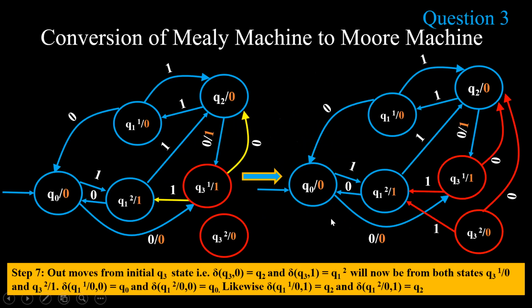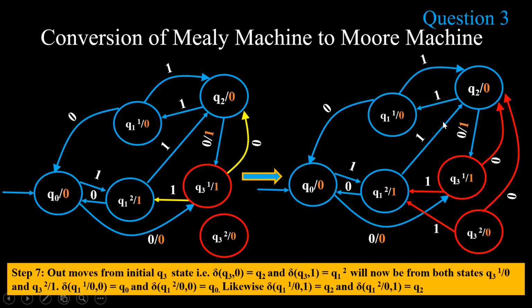Same steps which were followed earlier. Here Q3 1 had Q1 2. Now Q3 1 as well as Q3 2 will move towards Q1 2. Likewise, Q3 initial state had only one output 0 to Q2. Now both states will have output to Q2.